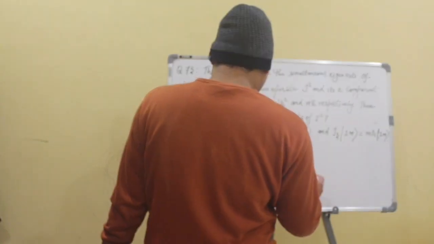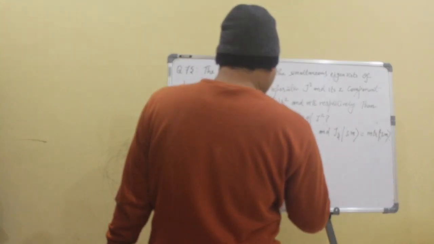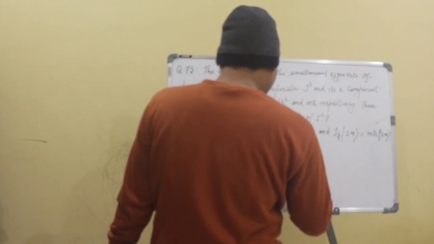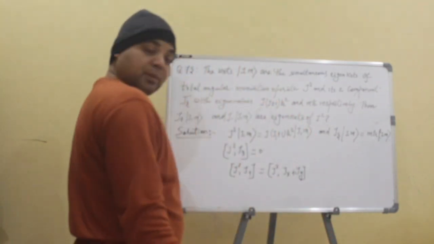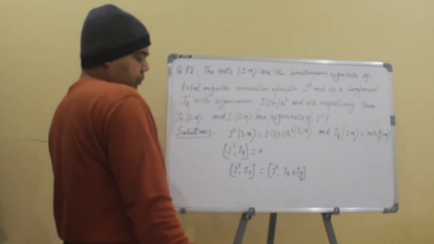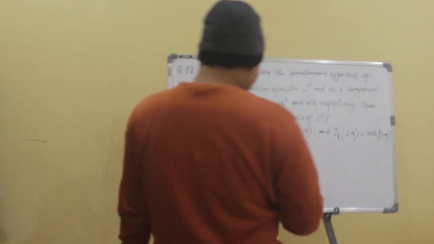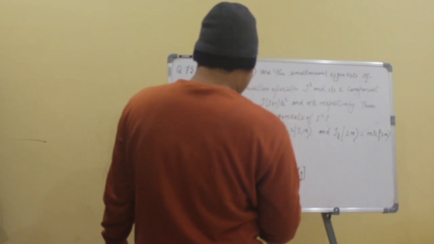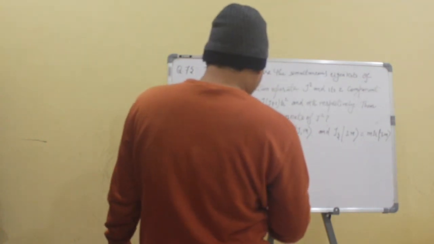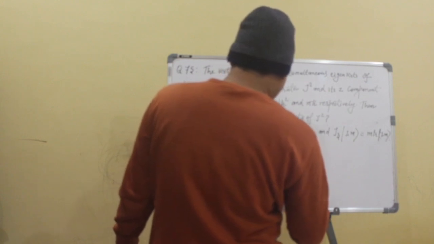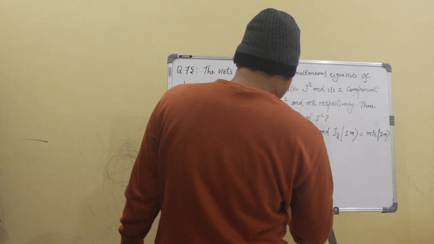And J plus is Jx plus iJy, obviously, right? And similarly J square with J minus, which is Jx minus iJy.